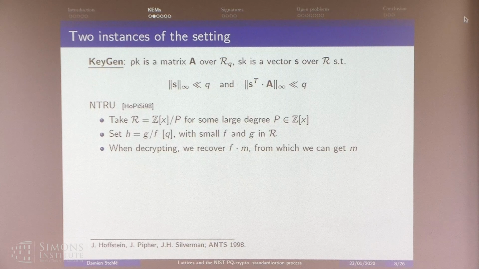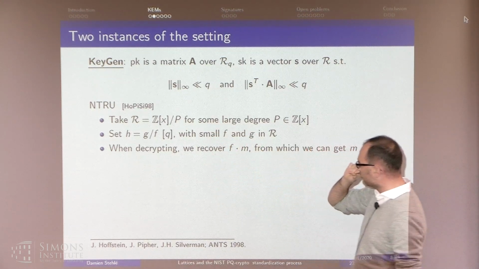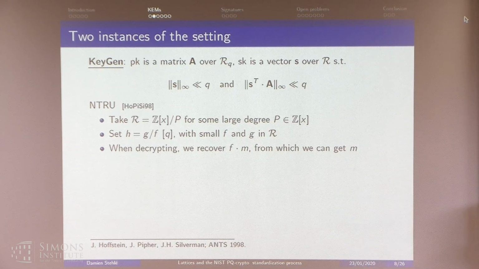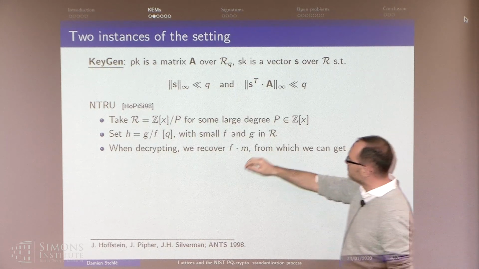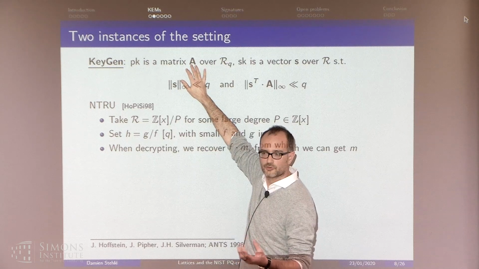So the ring would be a polynomial ring, Z[X] mod P, for some large degree P, which preferably is irreducible. And we set H to be G over F, where both F and G are small polynomials. So small in the sense that they have small coefficients. Okay, so this H is the A here. So that would be a matrix with a single entry.